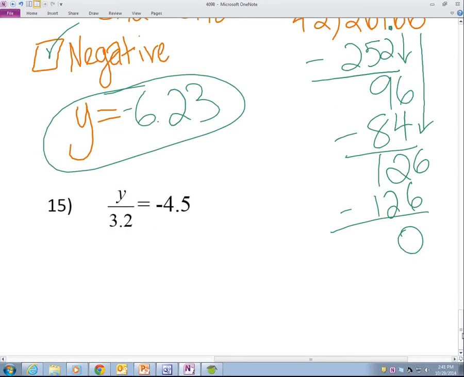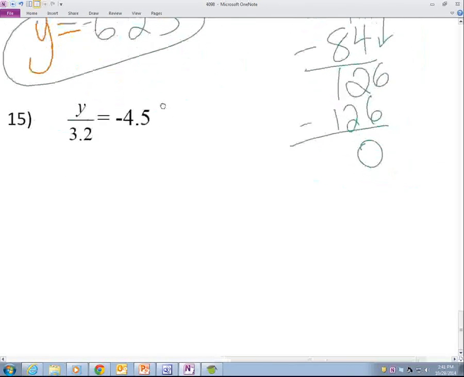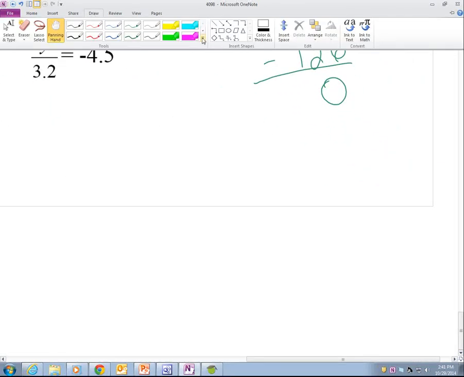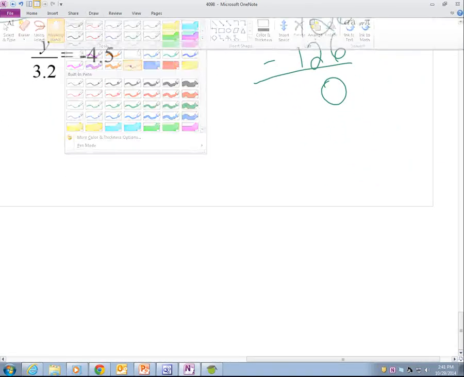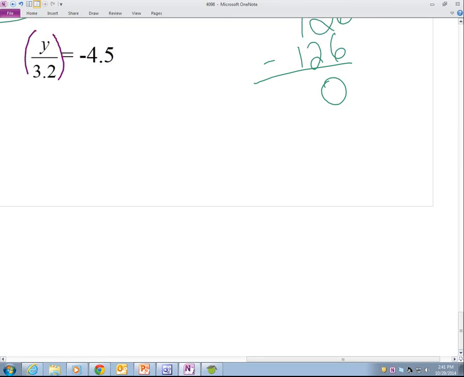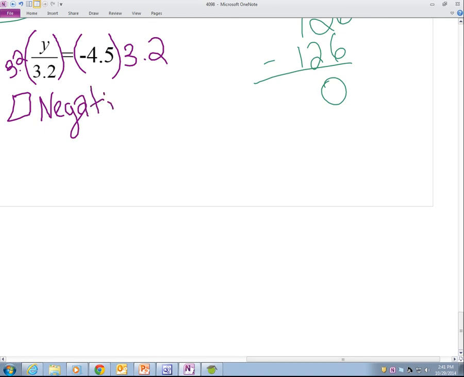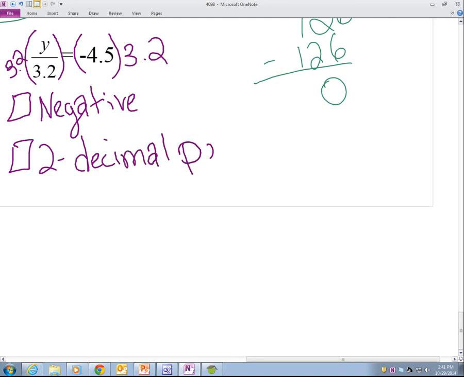And the last one. And this is the one that I messed up last time I tried to shoot this video. I know that this is going to be negative. I know there are 2 decimal points. So we have 45 times 32.